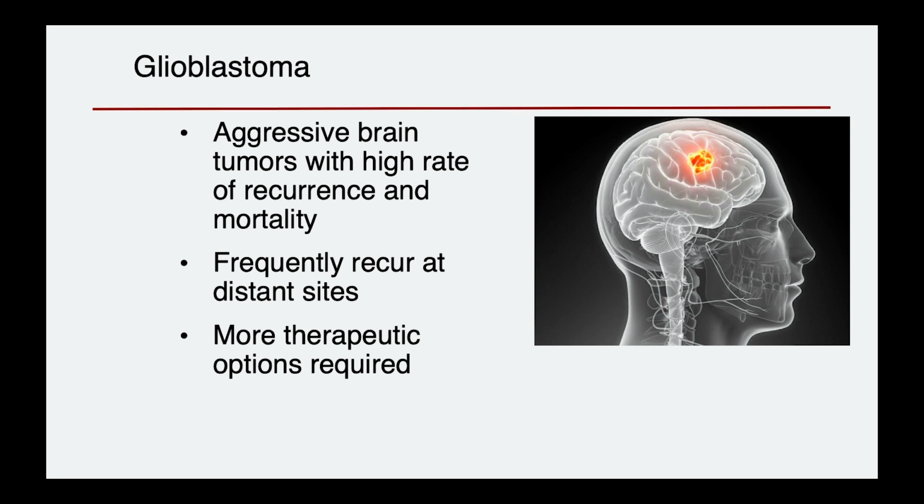Unfortunately, it has a very high rate of recurrence and mortality, typically within 12 to 18 months of diagnosis. One of the challenges is that the tumor frequently recurs at sites that are distant from the original tumor. And currently, more therapeutic options are definitively required to extend lifespan and improve outcomes.